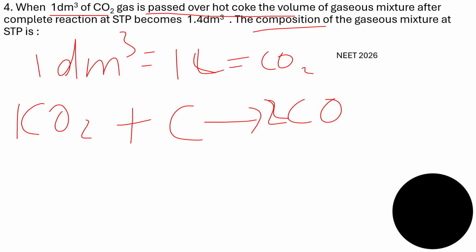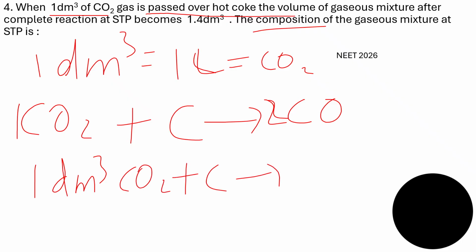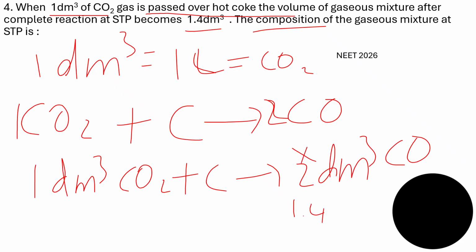So 1 decimeter cube of carbon dioxide passed over coke will give 2 decimeter cube of carbon monoxide. There is no mention of how much coke there is, so we don't worry about that. But they give 1.4, so this is not the case. Then how do we find it?